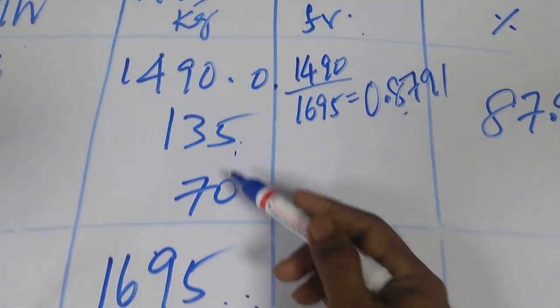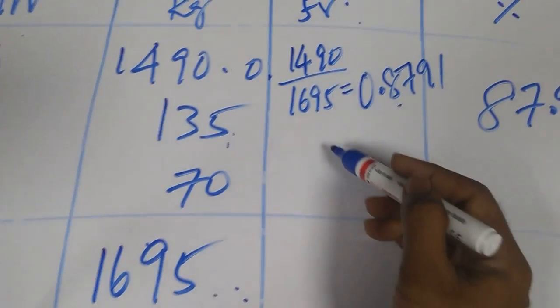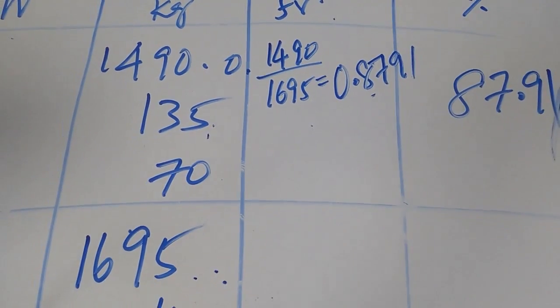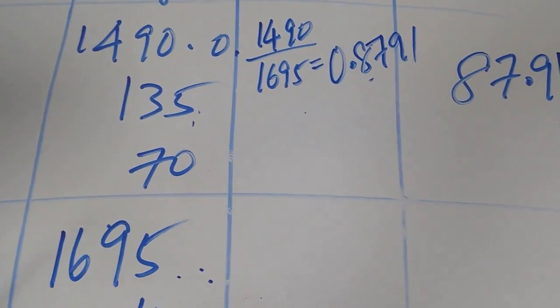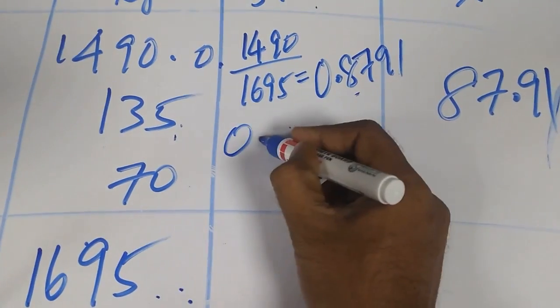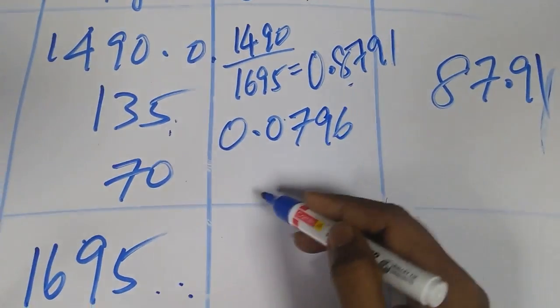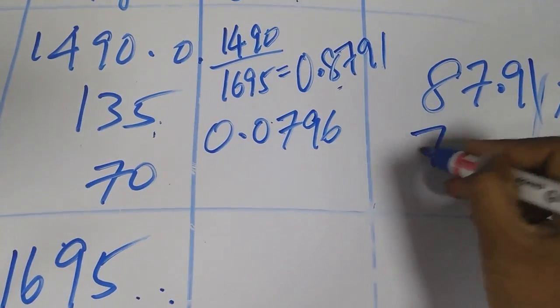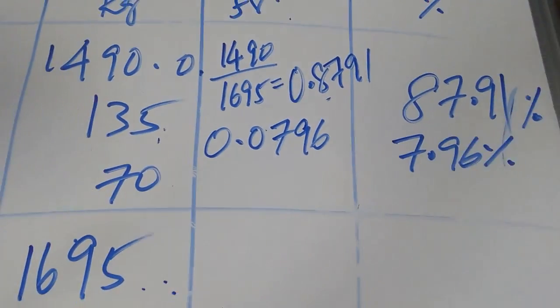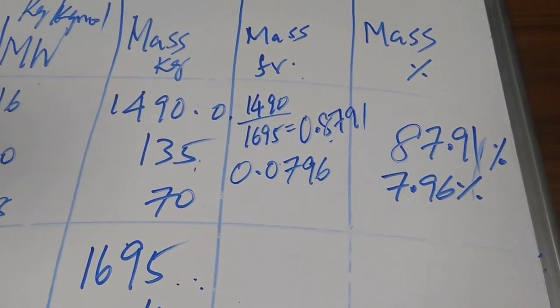Similarly, 135 divided by 1695 gives us the mass fraction of B component ethane, that is 0.0796. Multiplying by 100, we get 7.96 percentage mass percentage.